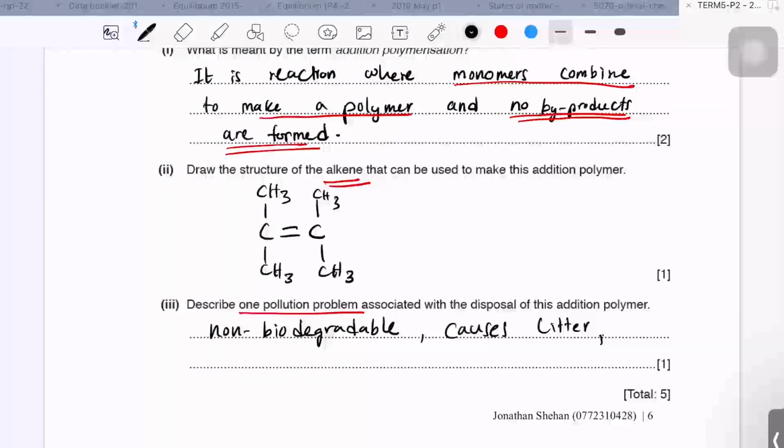Then the thing is it fills up landfill sites. So we can write down landfill sites. One of these answers we can write down.